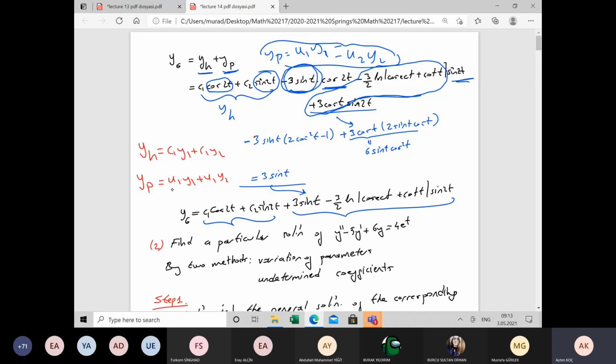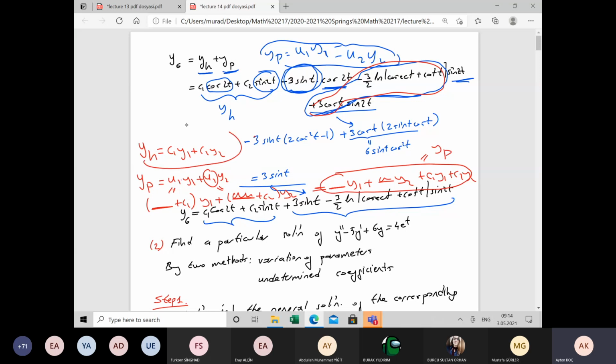If u1 contains c1 and c2, substitute here, it is something plus c1 times y sub 1, and u2 is equal to ln cosecant plus cotangent plus 3 cosine t plus c2 y sub 2. So we obtain this one y sub 1 plus this one y sub 2, plus c1 y sub 1 plus c2 y sub 2, and this one is the particular solution.